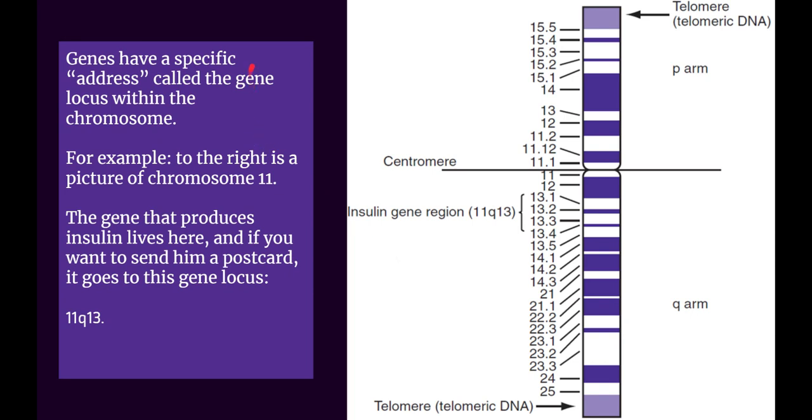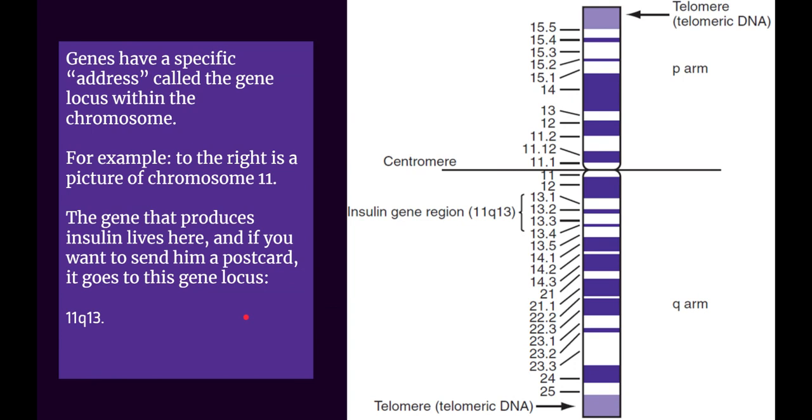Now on the chromosomes, genes have an address. It's called the gene locus. And every chromosome is numbered, biggest to smallest, like I said. This picture is chromosome 11. Through the Human Genome Project, we found that the address for the genes that produce insulin is on chromosome 11, the Q arm, which is the longer bottom half, in this little region that they call number 13.